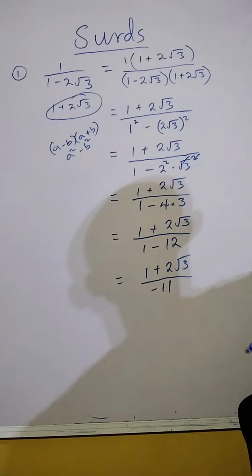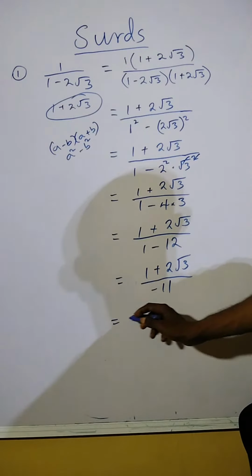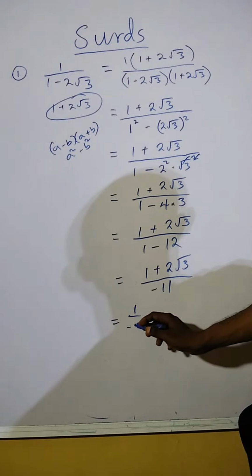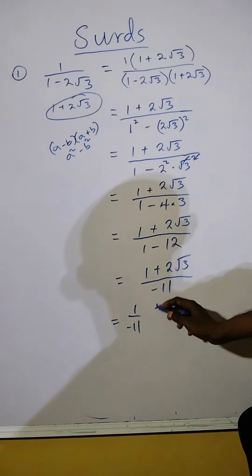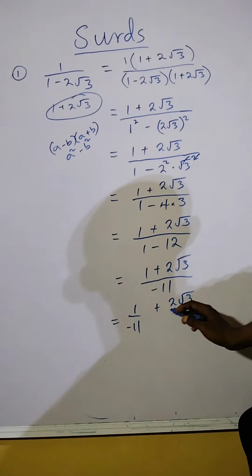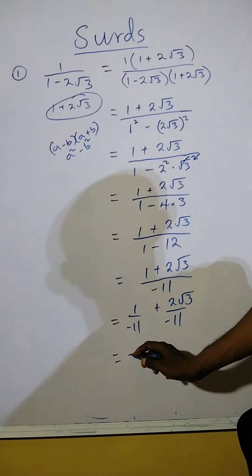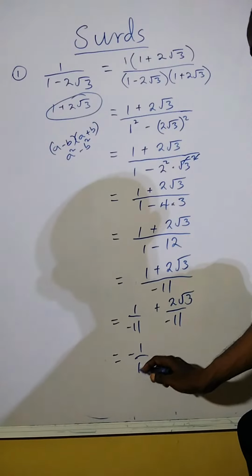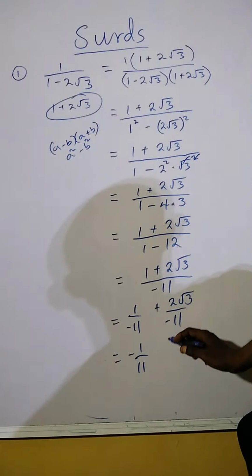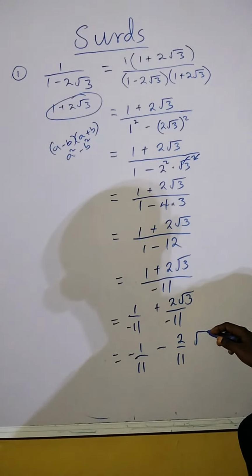And we can also separate this into 2 fractions, and we have 1 over minus 11 plus 2 root 3 over minus 11. And 1 over minus 11 is the same thing as minus 1 over 11, then plus over minus is minus, and we can separate it as 2 over 11 root 3.